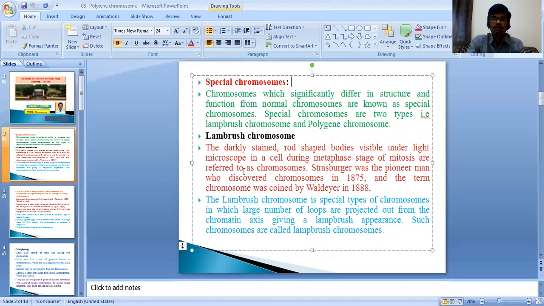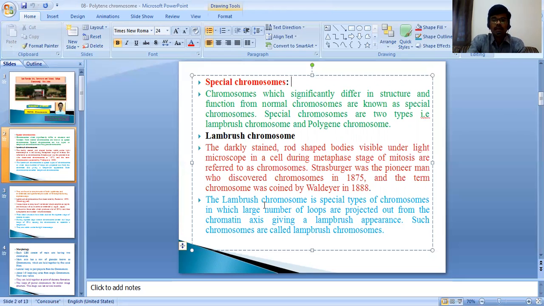Strasburger was the first to discover chromosomes in 1875, and the term chromosome was coined by Waldeyer in 1888.